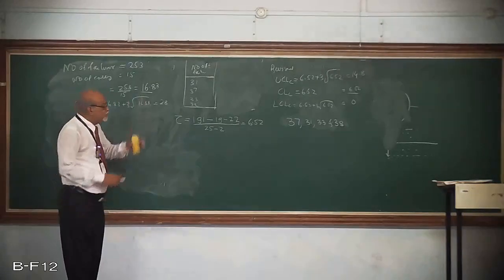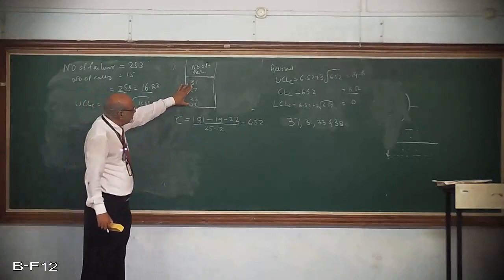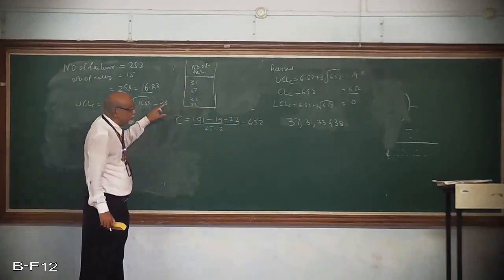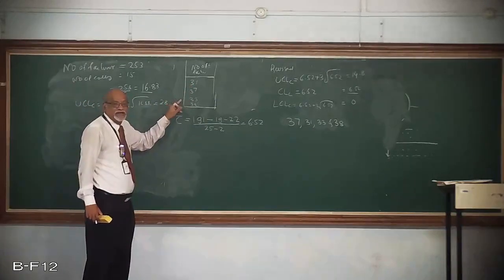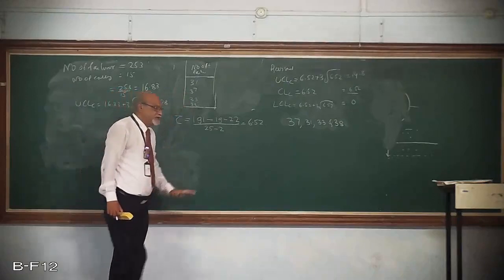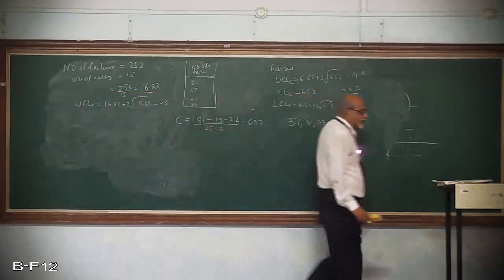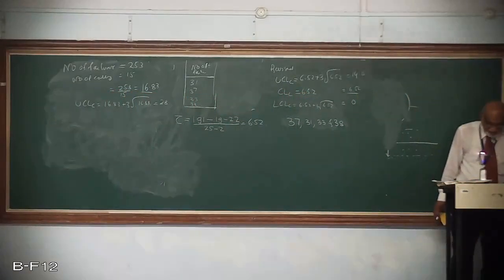Here only the upper count is given. That means these 4 are more than the expected value of 28, so definitely there is an assignable reason for this. It stops at that, because he has not asked us to find the revised control limits.